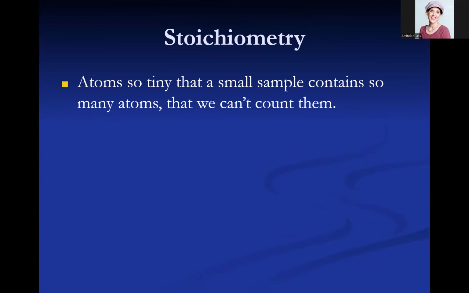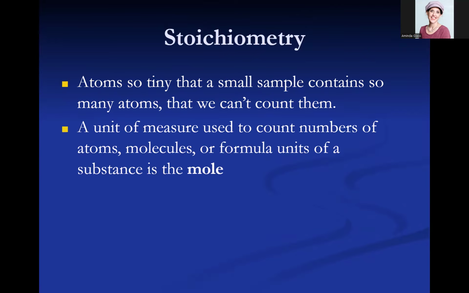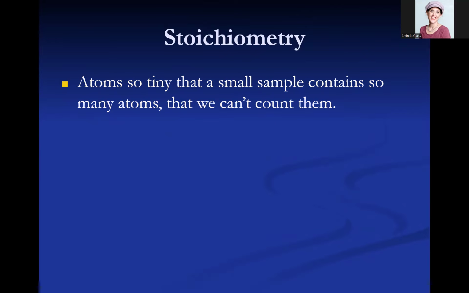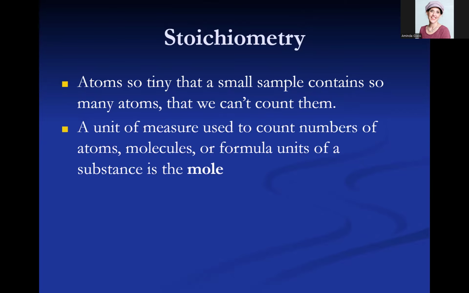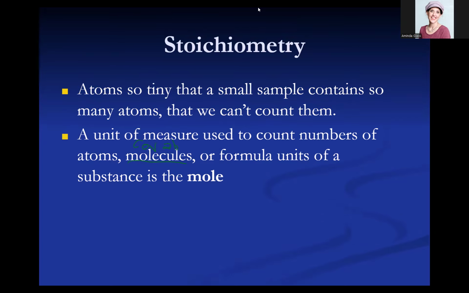Now, atoms are so tiny that in even a small sample you're going to have so many atoms that you can't count them. So scientists created a unit of measure that's used to count the numbers of atoms, molecules, or formula units of a substance. Remember, molecules are covalent compounds. Formula units are your ionic compounds.